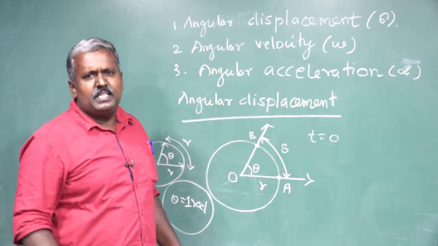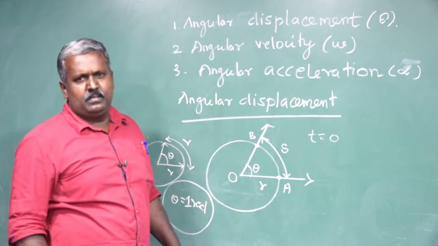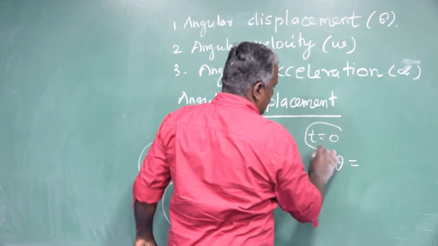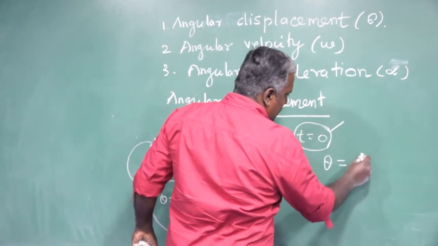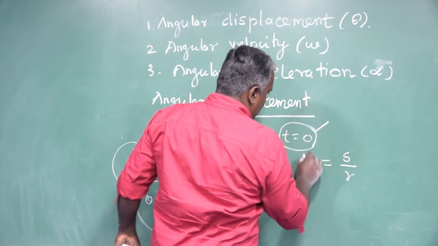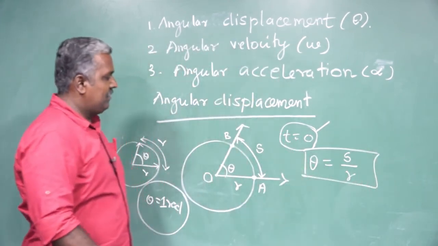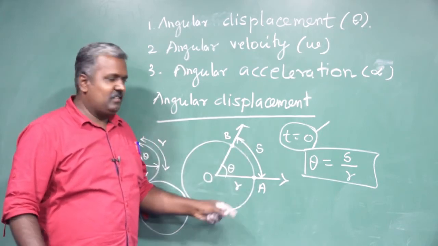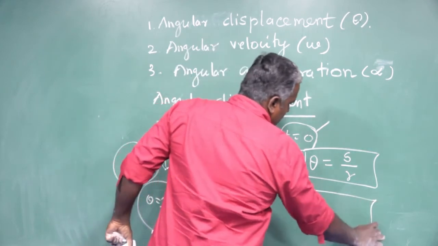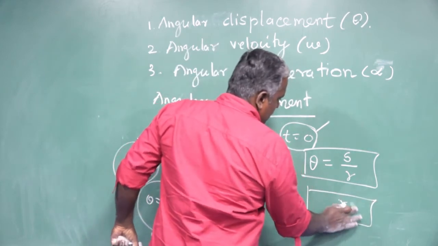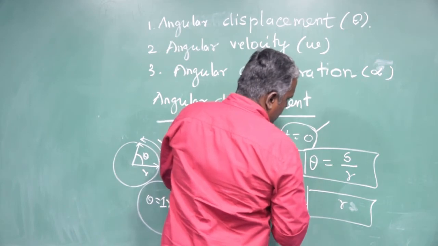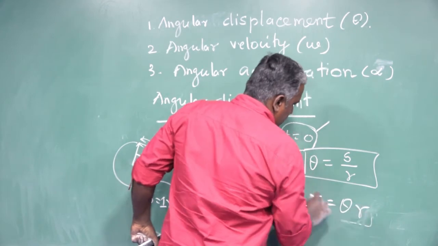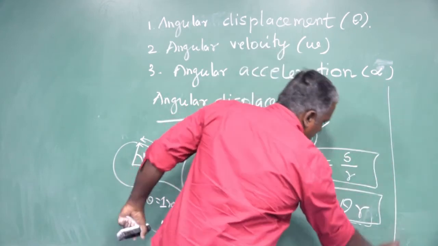So theta is equal to S by R. This is the formula for angular displacement, where R is the radius of the circle. S is equal to theta into R. That's all.